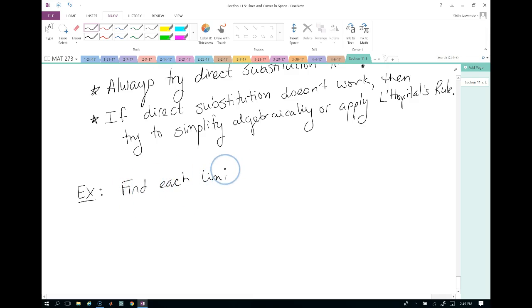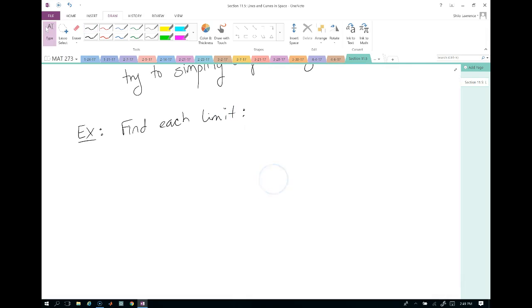So a couple of quick examples, and we'll talk about how this relates to continuity, and then we'll be all done with the section.